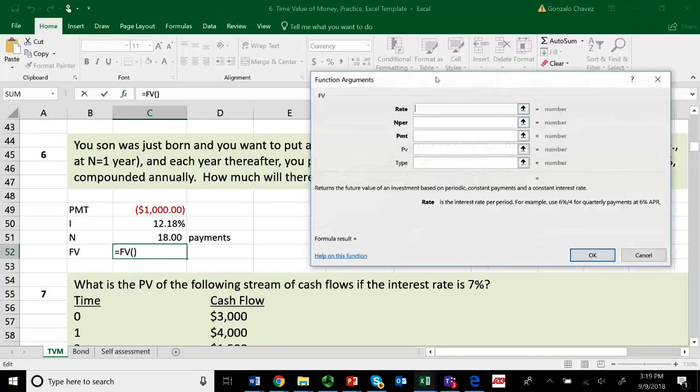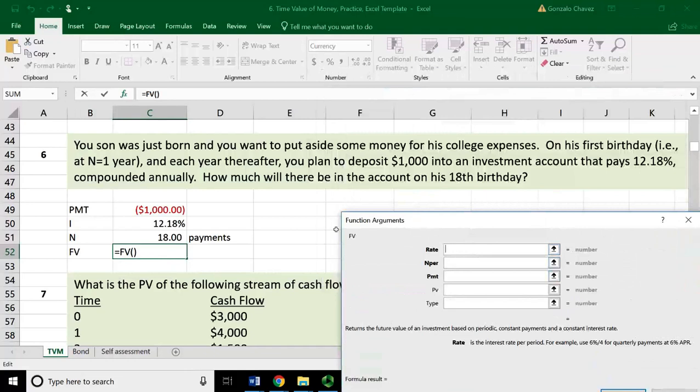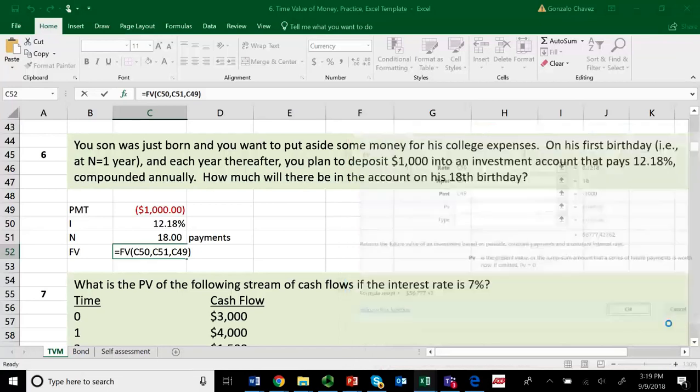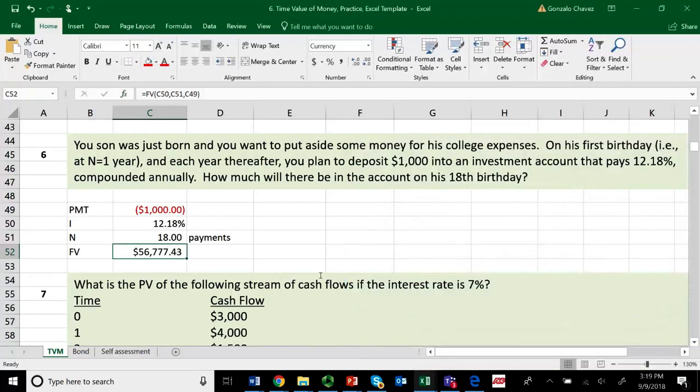Remember, it wants the rate. What is the rate? Here it is. Click on that. The number of periods, click on that. Payment, $1,000. There's no initial amount that you have in his account. And the type is always end of period cash flow. So you press OK. He will have $56,777 in his account.